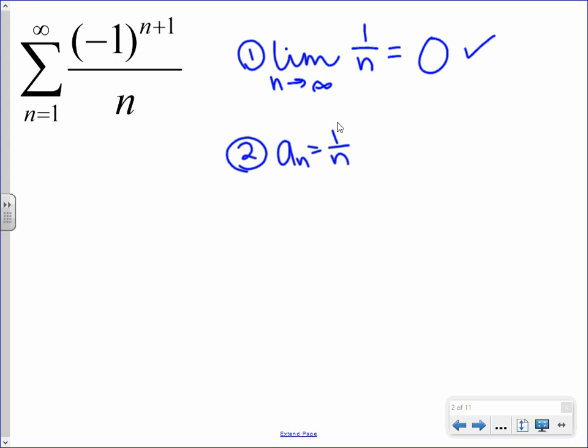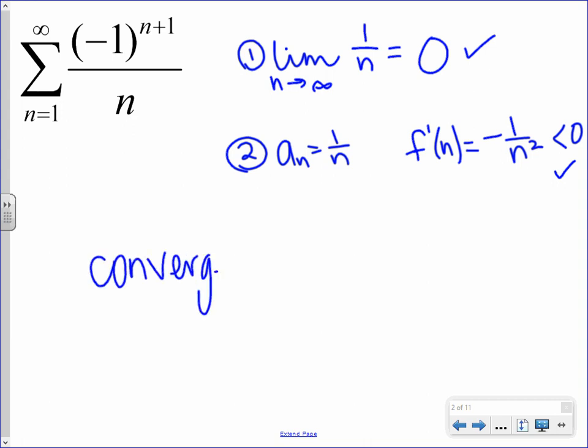We're going to go ahead with derivative, which is probably the easiest for this one. Derivative is negative 1 over n squared, which is always less than 0. Therefore, we say this converges by the alternating series test.